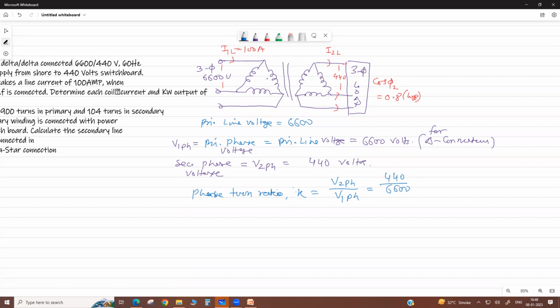If suppose this is star, then this will be divided by √3, and that will give you the phase turn ratio. But here it is delta also, no? Then, my dear, this value gives you 0.067.